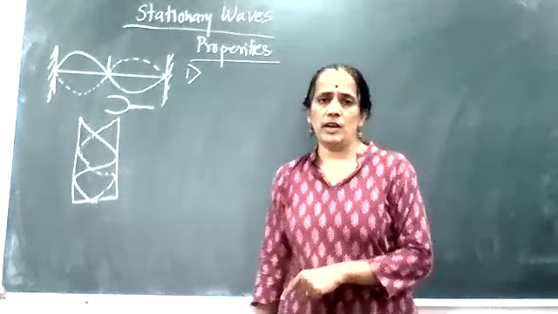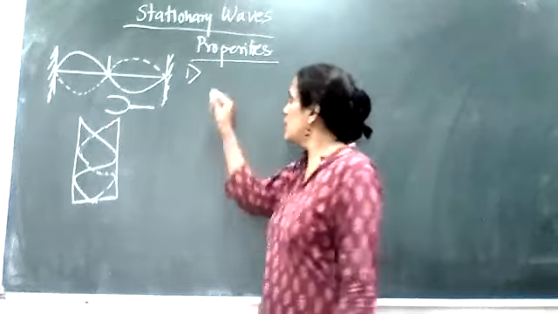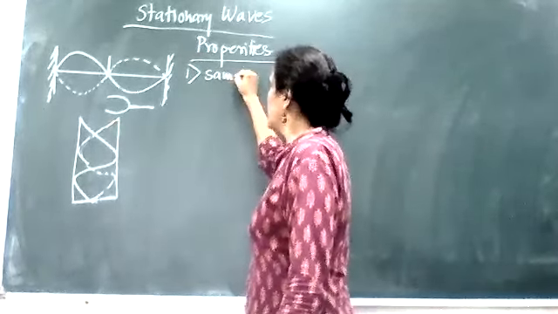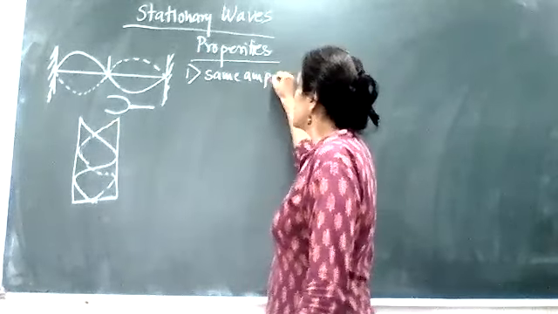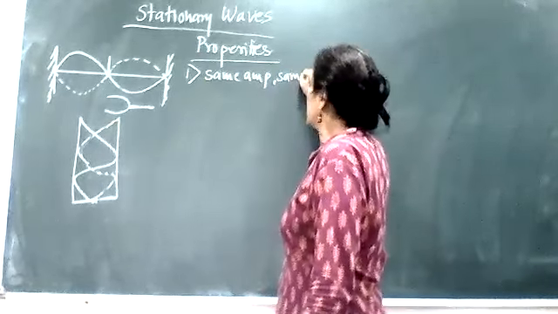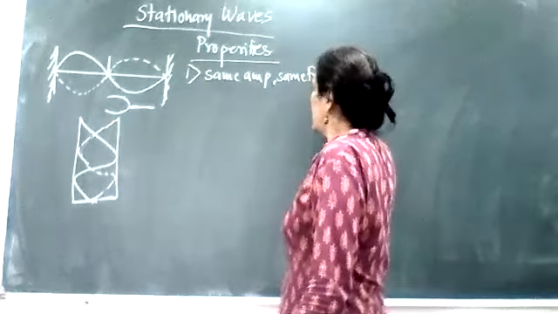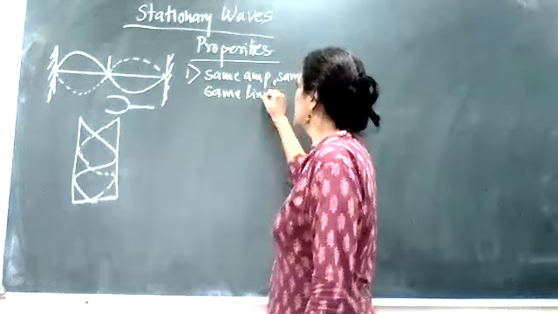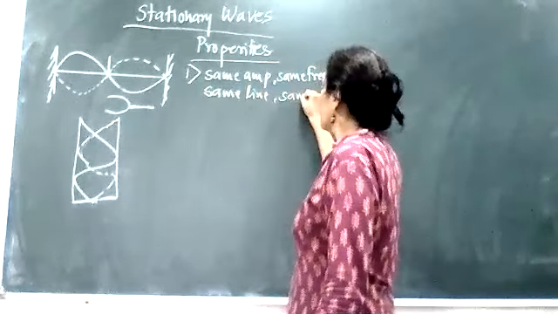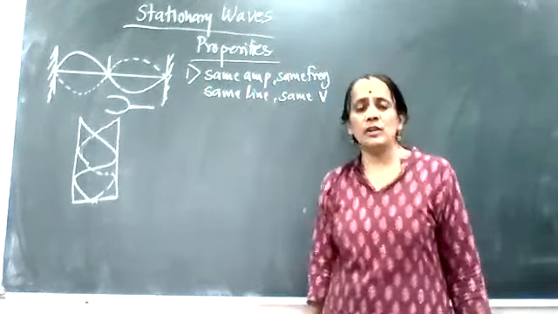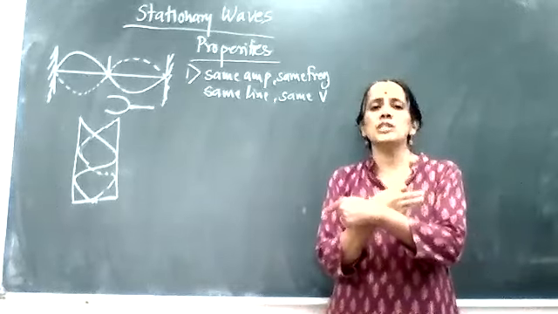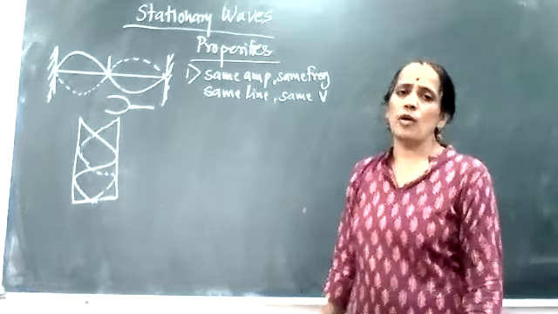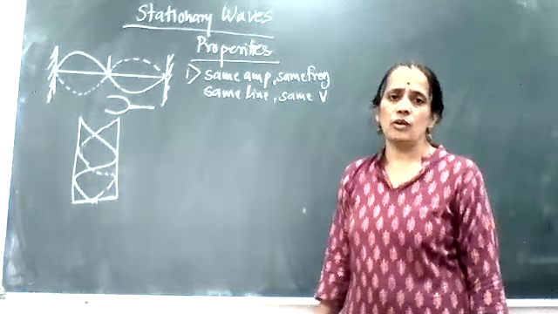The two longitudinal waves must have the same amplitude, same frequency, they are traveling along the same line and they have the same velocity, but they are traveling in the opposite direction. Then I will get a pattern which is called a stationary longitudinal wave.